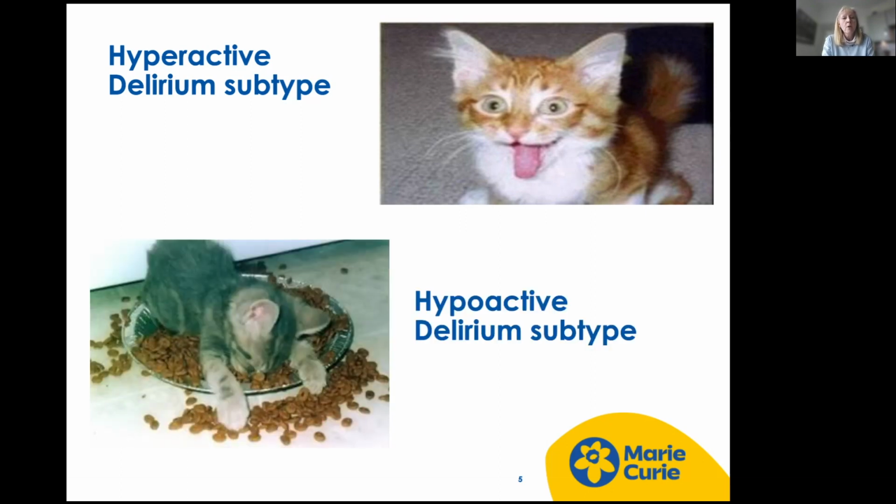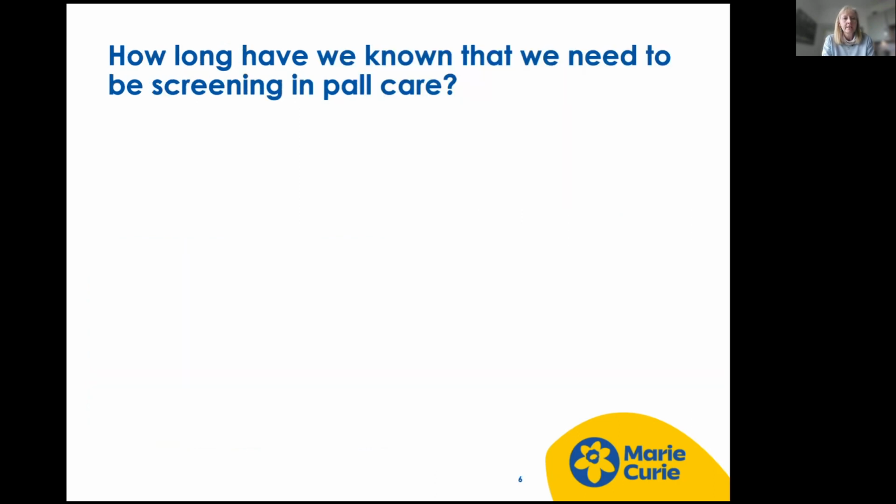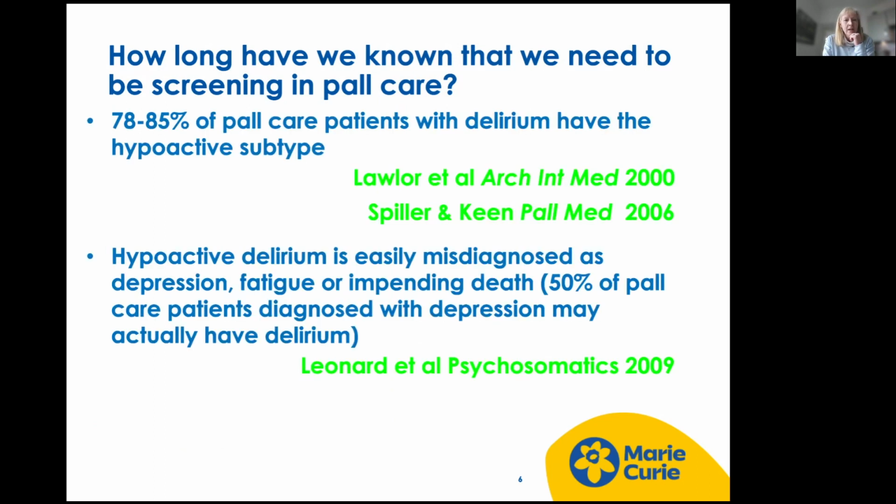However, the far more common subtype, as we know from the research over many years, is the hypoactive delirium subtype. And these are the patients that we don't notice. These are the patients who are withdrawn and slowed down and just come across as very fatigued. So we have actually known that we miss these patients for a very long time.